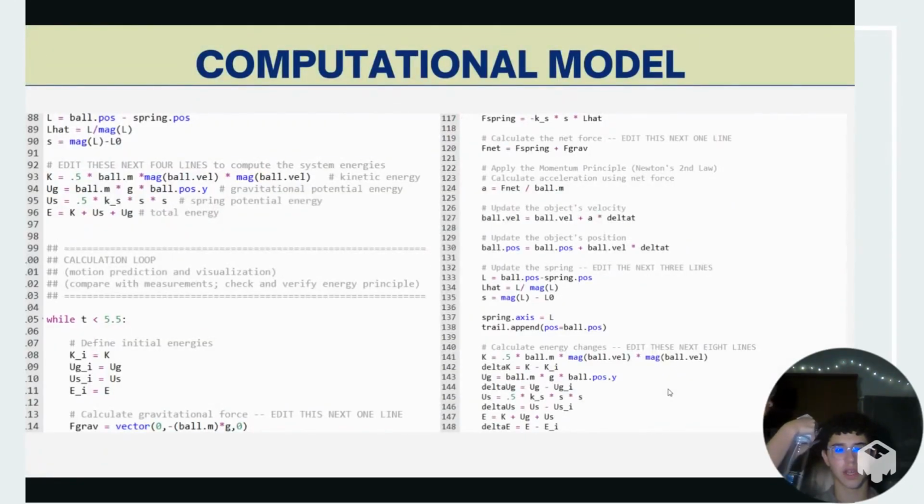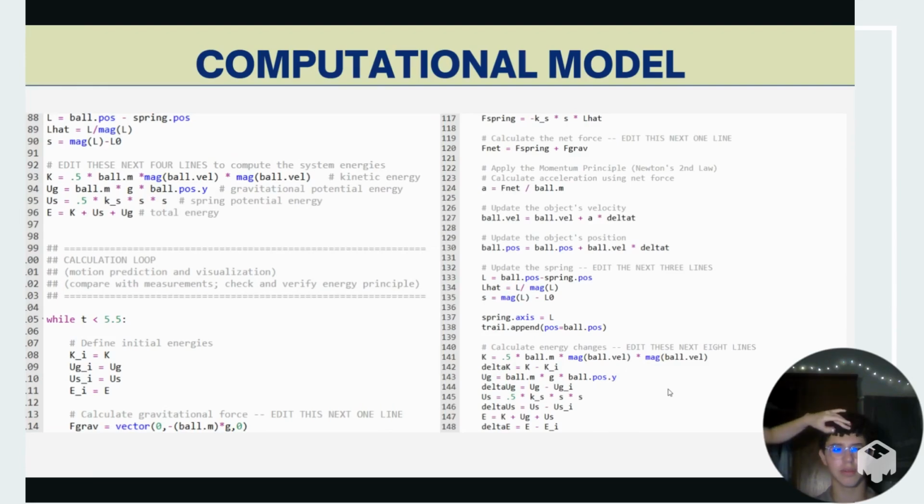So here's the computational model. L equals the ball position minus the spring position. L hat equals L divided by the magnitude of L. S equals the magnitude of L minus L initial. K equals 0.5 times ball mass times the magnitude of ball velocity squared.